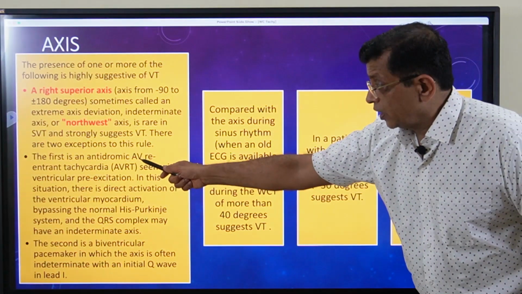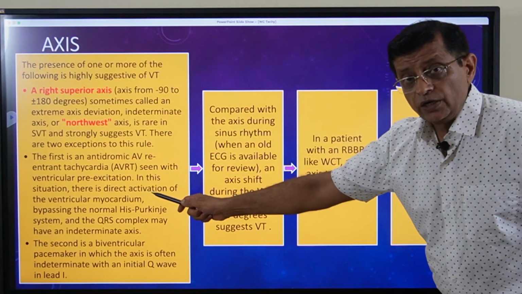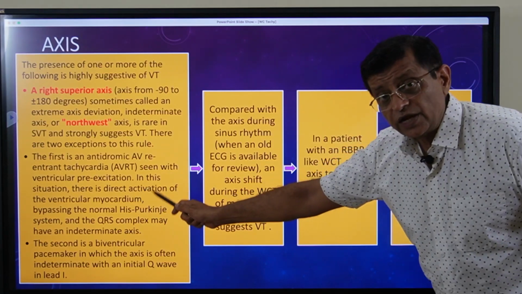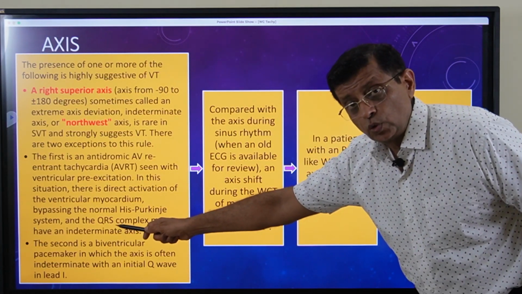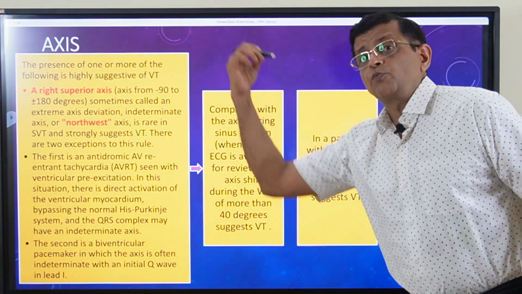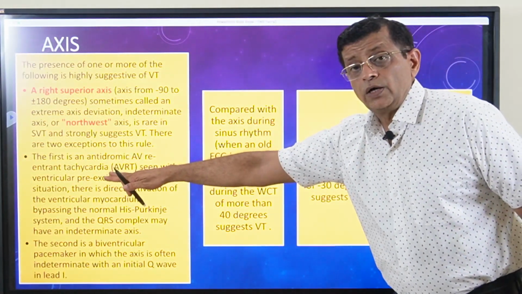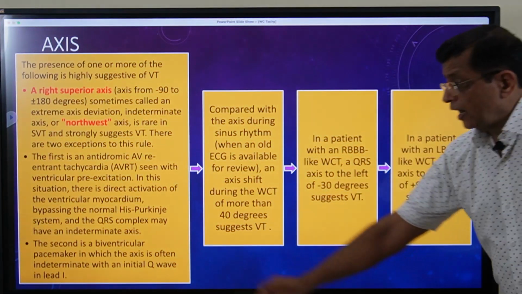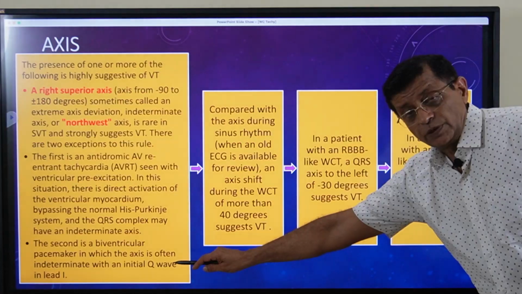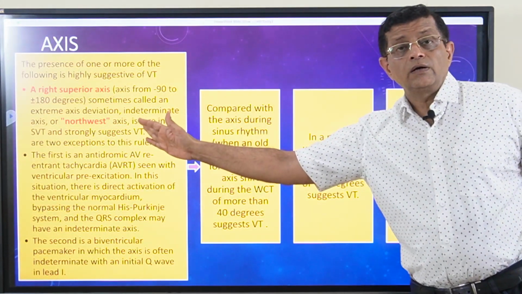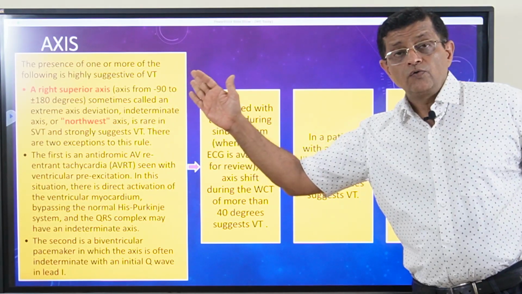First is antidromic AVRT, because here there is ventricular pre-excitation and direct activation of ventricular myocardium, so the depolarization process goes from down upwards like this. So you can have a northwest axis. We'll see the examples. And the second is a biventricular pacemaker. If there is a northwest axis, then it is more likely to be a VT.